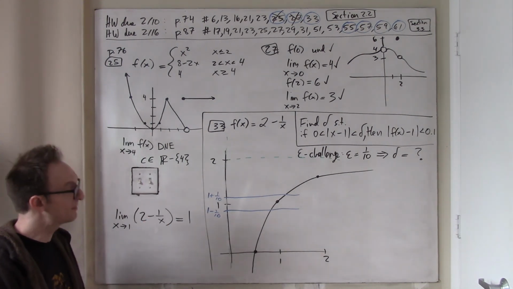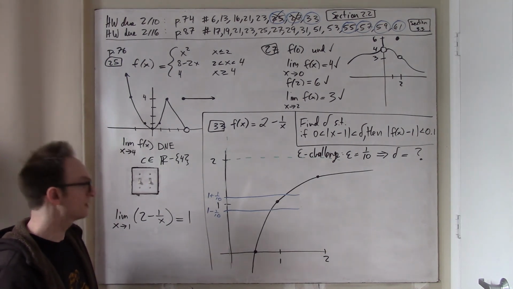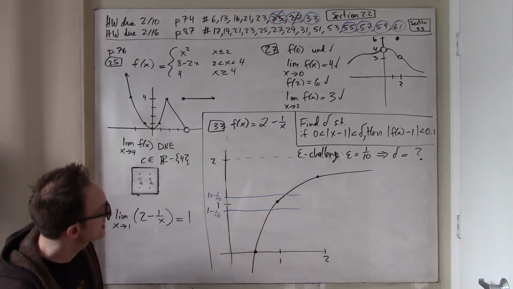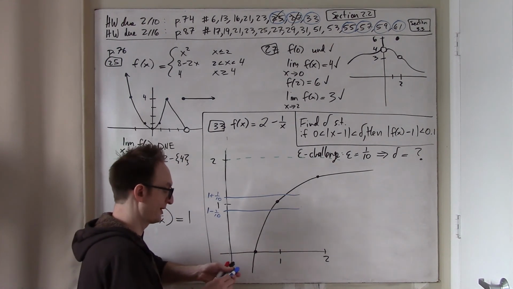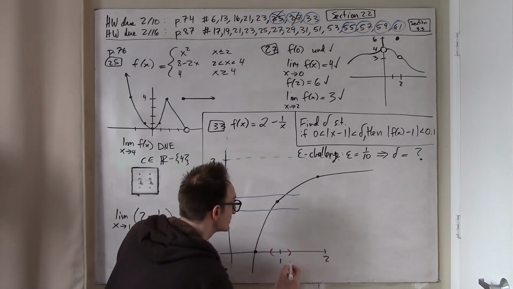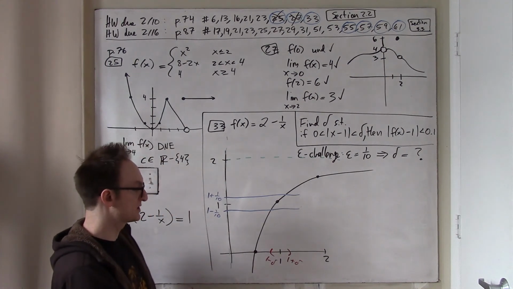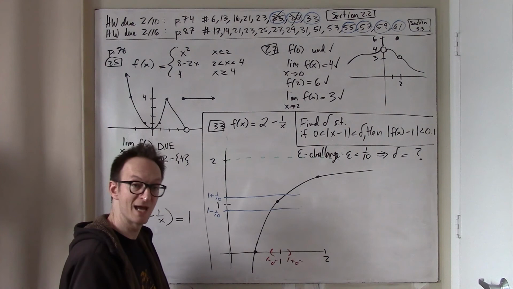But for this particular problem, we're just finding a response for the particular epsilon challenge of 1/10. Okay, so how should I respond? And the whole question is over as soon as you can answer how close to x equals 1 must I get in order to guarantee that my answers are within 1/10 of 1.